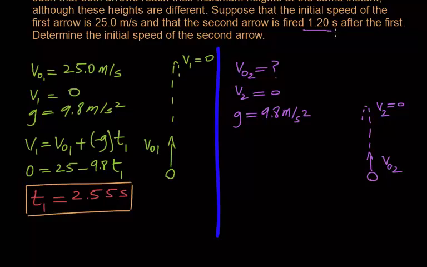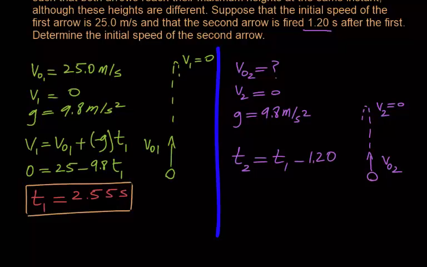And we already know how much time it took object 1 to reach the highest point, which is 2.55 seconds. Therefore, the time for object 2 to reach the highest point, I'm going to call it t2, equals t1 minus 1.20.